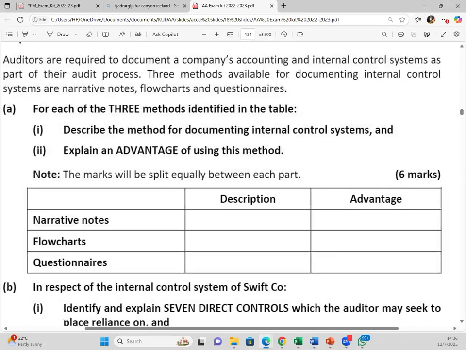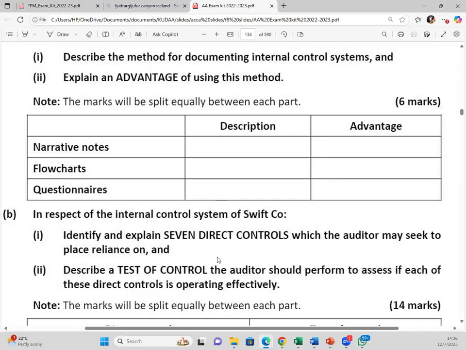So we're done with the first part. Now, the second part is saying that in respect of the internal control system of Swift Company, identify and explain 7 direct controls which the auditor may place a reliance on, and describe a test of control the auditor should perform to assess if each of these direct controls is operating effectively.